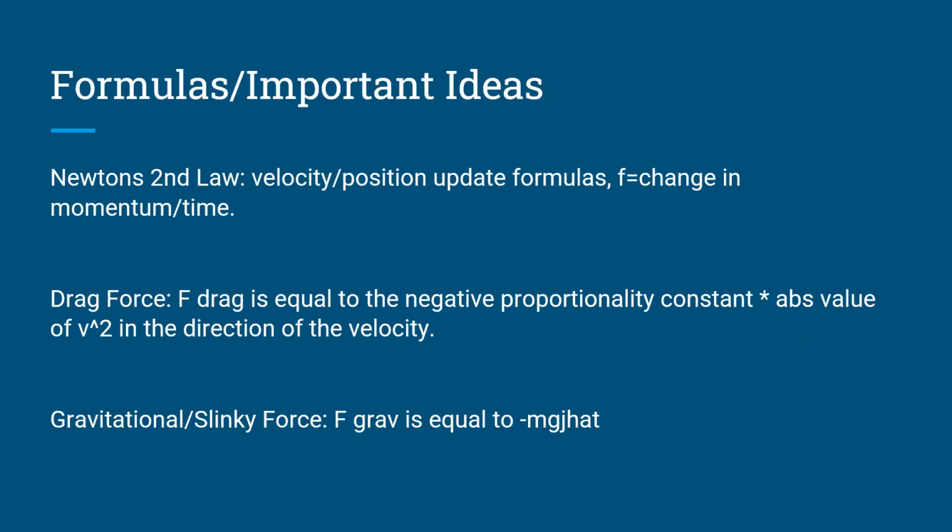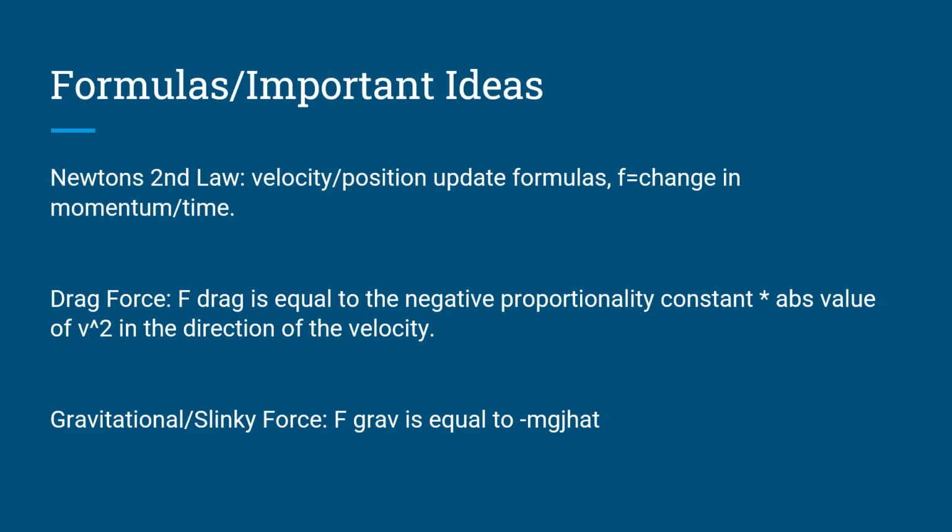Some formulas and important ideas include Newton's second law, which is the velocity update and the position update formulas, and also F equals change in momentum over time. I had to write all the formulas out because I couldn't get the equation editor to work.